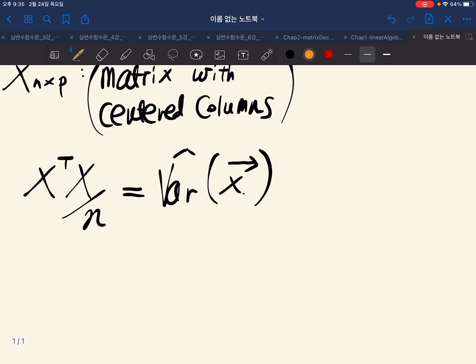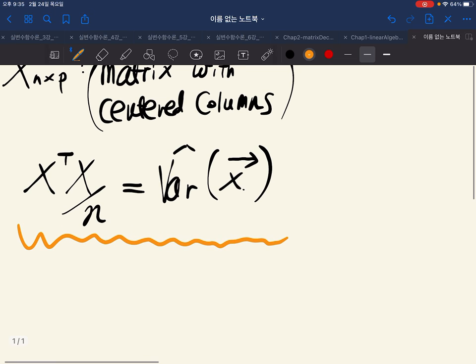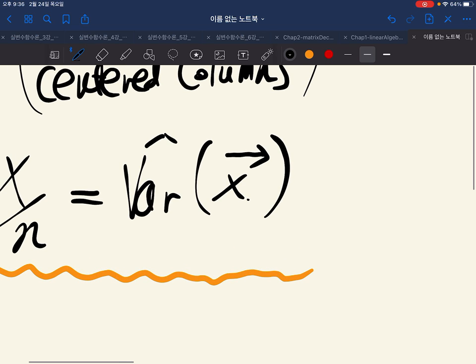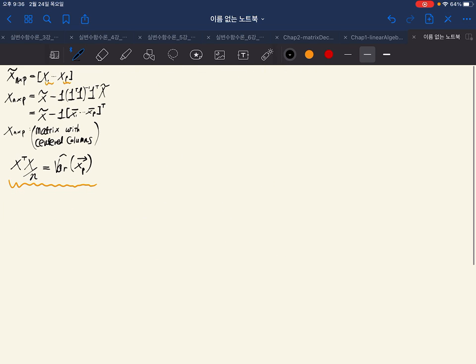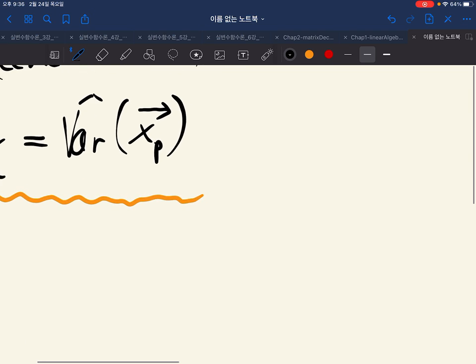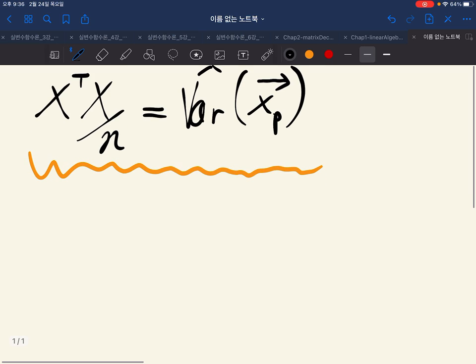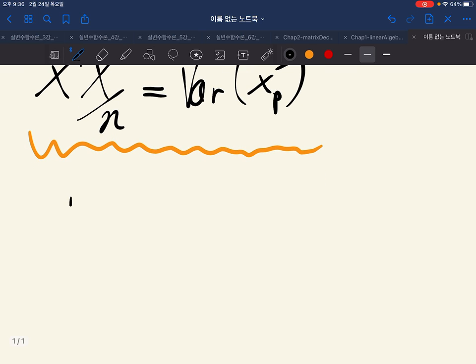So this can be understood as a sample version of the covariance matrix of the vector X of length P. And let's think of the case where P equals 2.